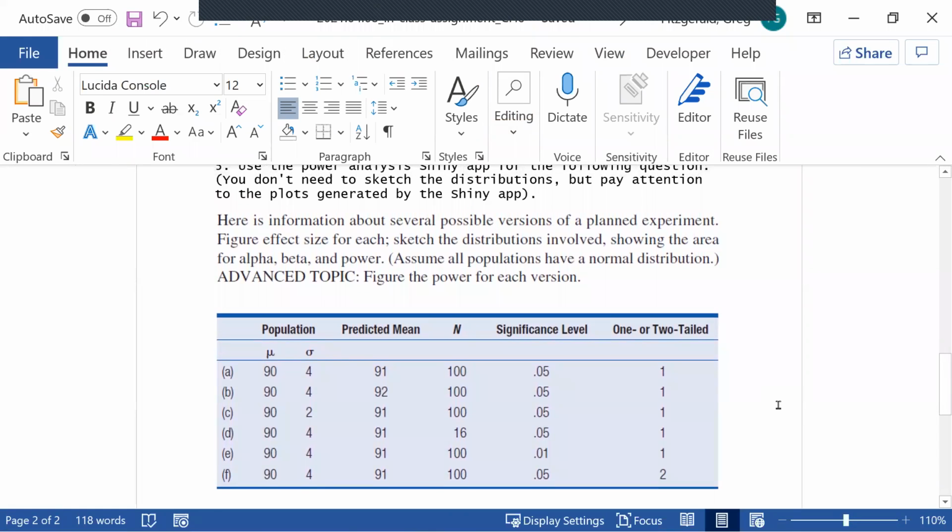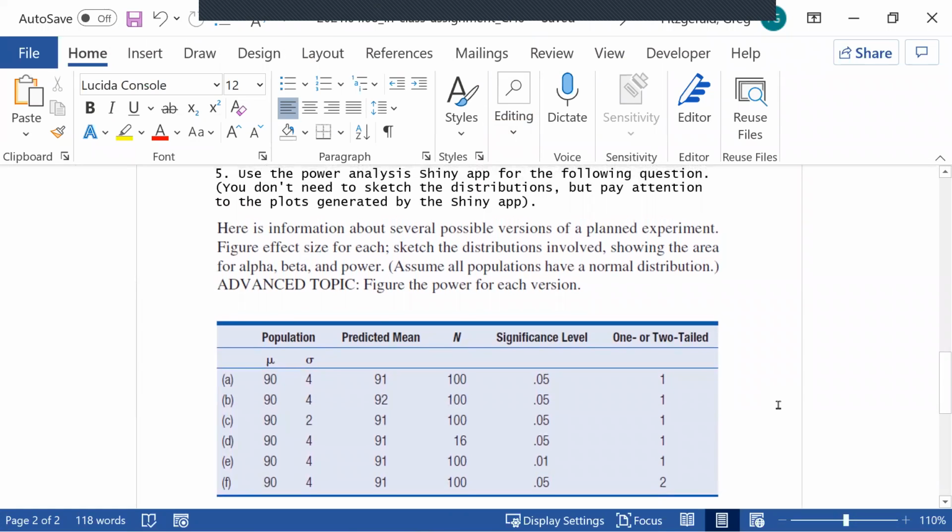Something I'll send an email about later is a little bit of a demo of how to solve question 5, which I think is on the reverse side of the page. This is something where using the Shiny app is pretty much a necessity. But the Shiny app makes this problem, which looks like it's going to be really hard to solve, incredibly easy, because it's just a matter of changing dials on that tool.